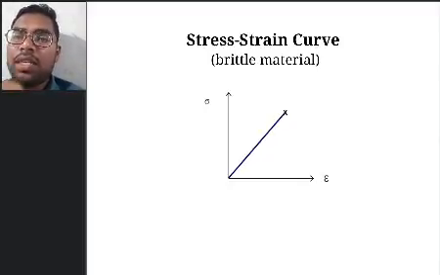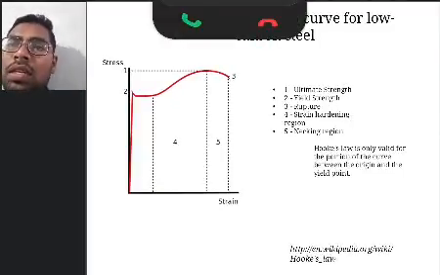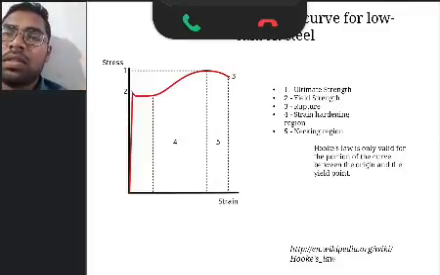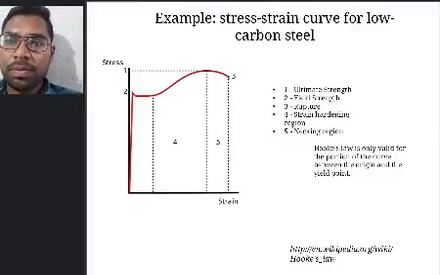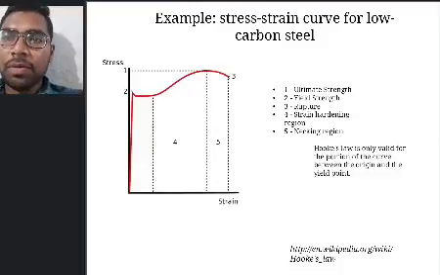After that, it directly fractures. The proportionality limit can also be defined as Hooke's law, up to where stress and strain are directly proportional to each other.